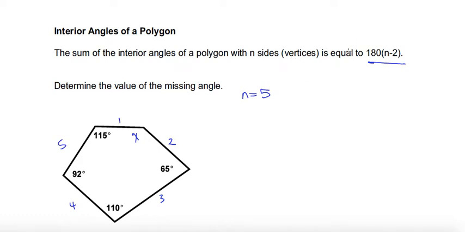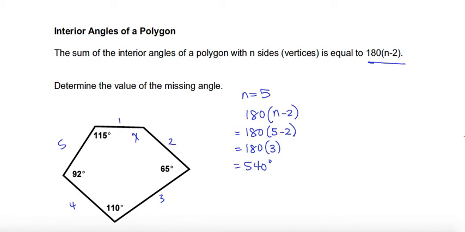So the angles inside of this shape are going to equal 180 times n minus 2, or 180 times 5 minus 2, or 180 times 3, and 180 times 3 is 540.